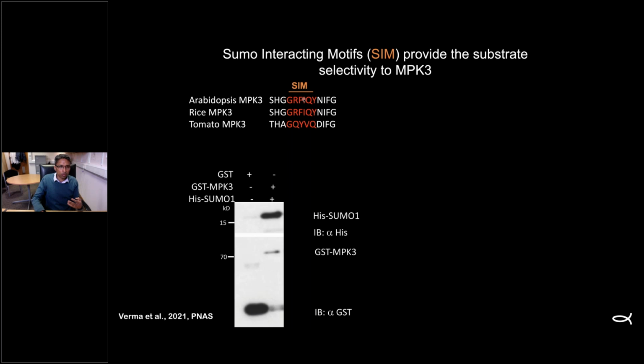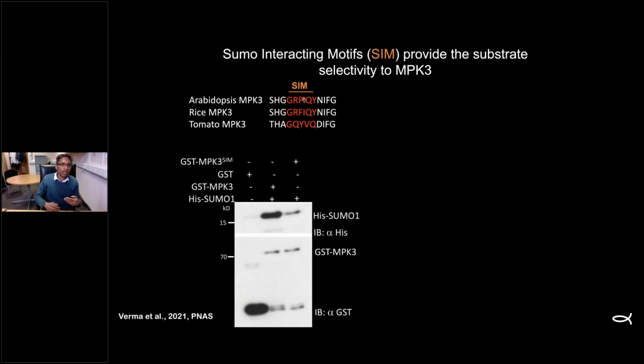This is a Western blot with His-tagged SUMO1 and GST-tagged MPK3. When you put in the SIM mutant, this interaction is greatly reduced. So MPKs, in this case 3, 6, and 12, contain a very clear SIM motif that binds to SUMO, and you can mutate it.